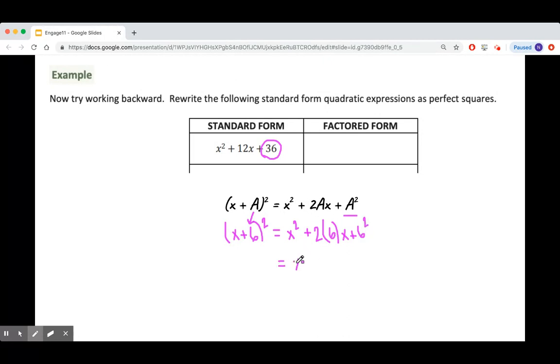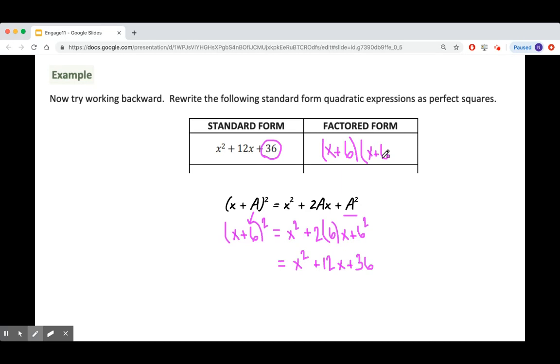If I simplify that expression, I end up with x squared plus 2 times 6, which is 12x, plus 36. And of course, that matches my original standard form, which means I've got my factored form right: x plus 6 times x plus 6.